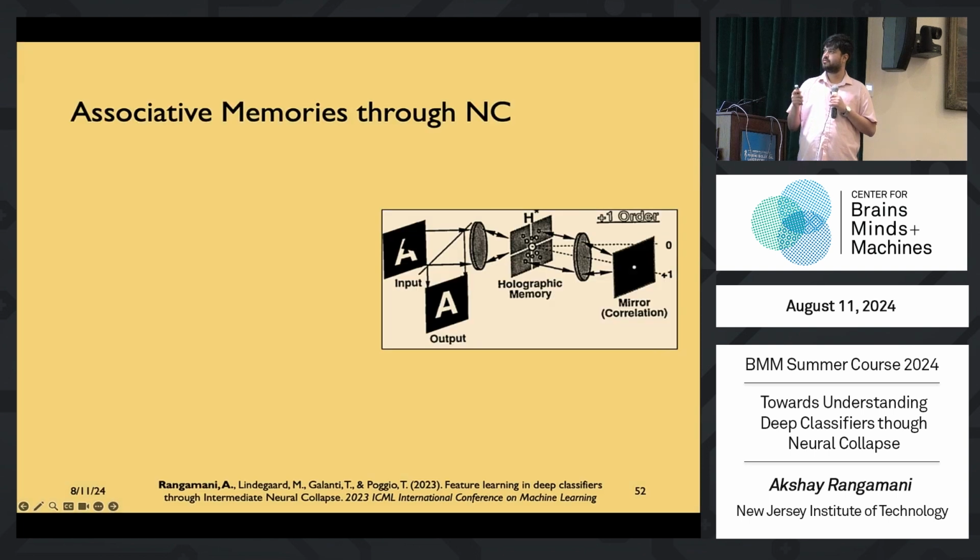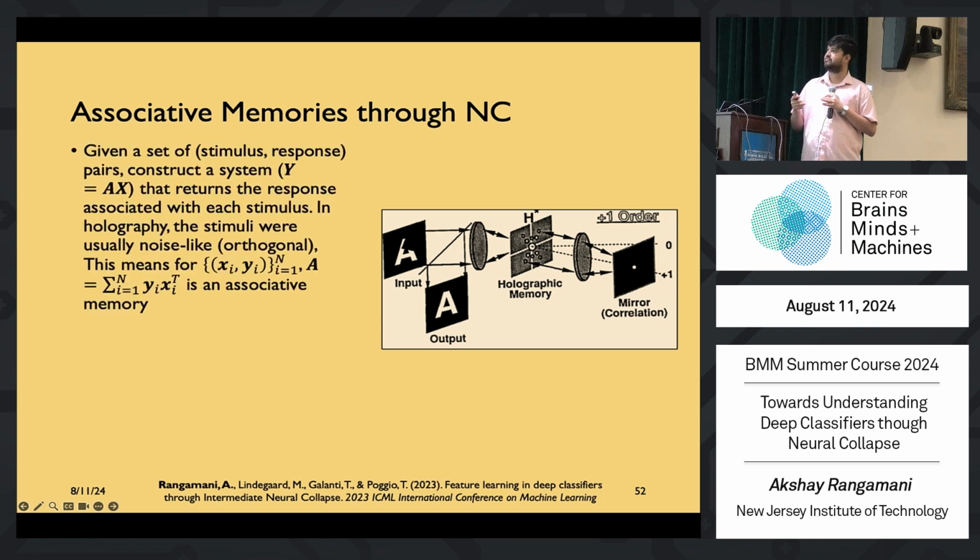Yeah. So that was about intermediate neural collapse. And one connection I wanted to make was with associative memory. These are holographic associative memories.